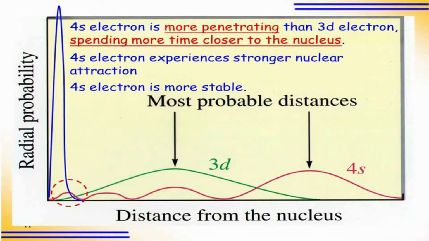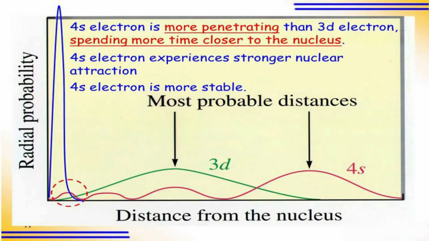Yes, it means if you have to fill the electrons, you will prefer the 4s orbital first. After filling that 4s orbital, we can allow the electron to enter the 3d orbital. So which orbital has higher energy? The 3d orbital has higher energy.